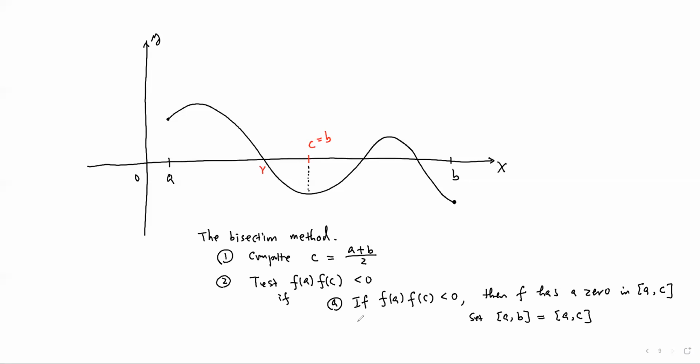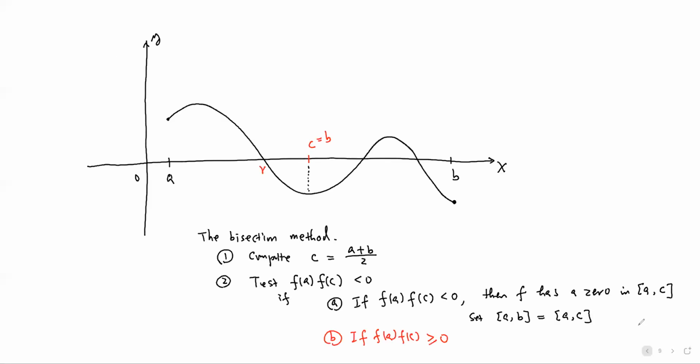Okay, how about the second case? If this inequality is not less than 0, in other words, greater than or equal to 0, then there are also 2 cases. Case 1.